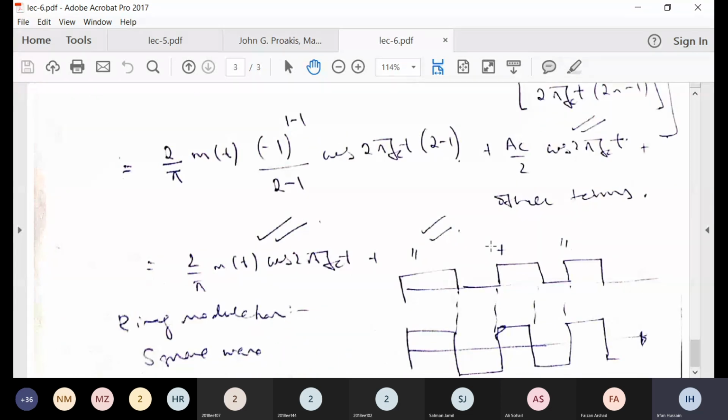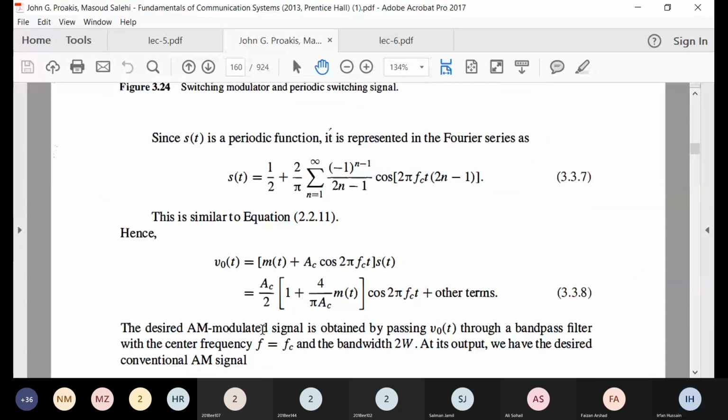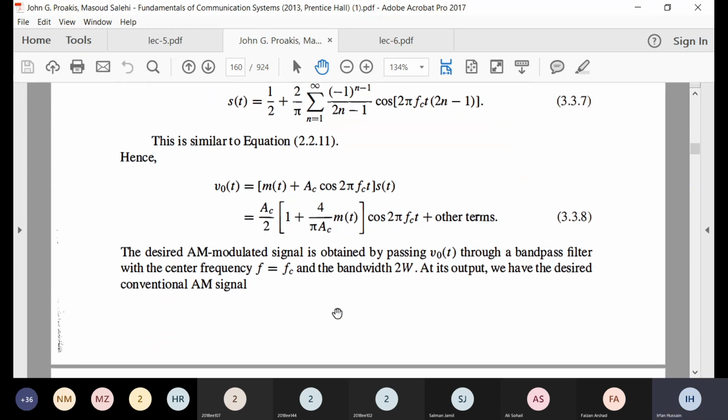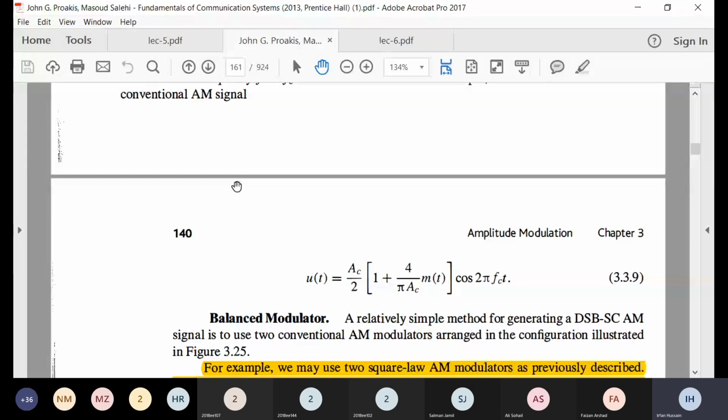The rest of the terms will be neglected. Because Ac is much greater than m(t), you will be getting a conventional AM signal once you pass v0(t) through a band pass filter.